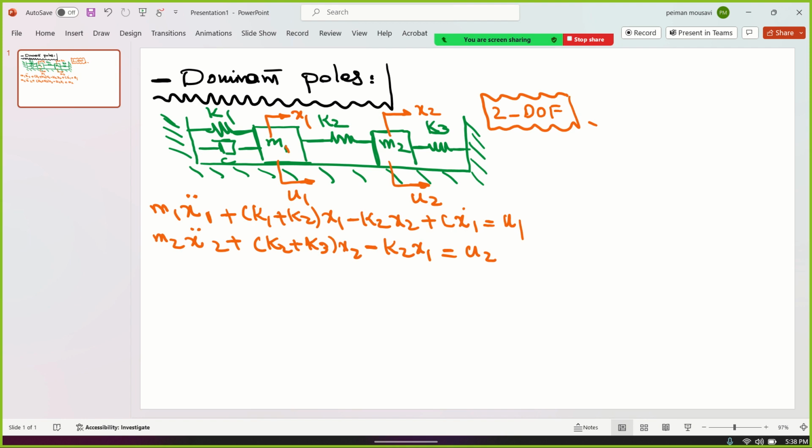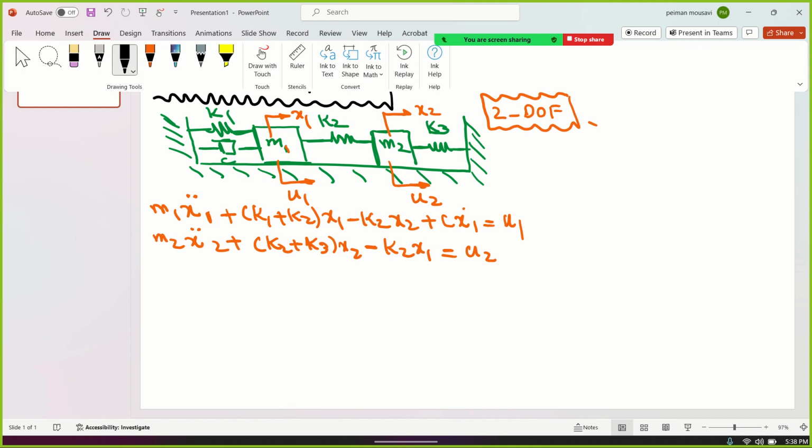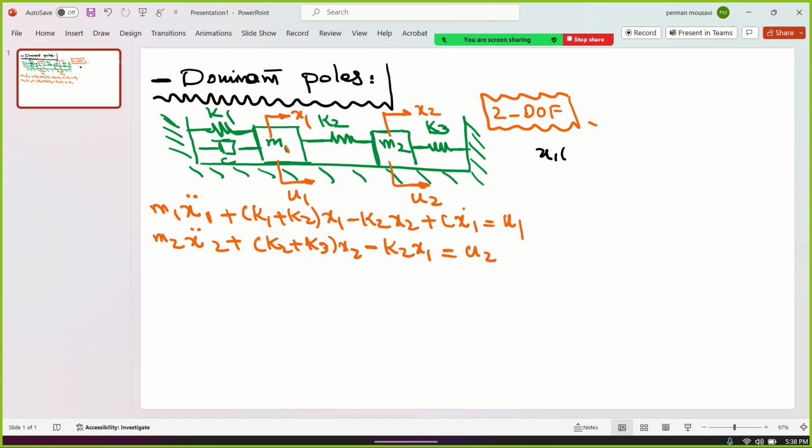That's right. And the assumption is that because we are going to frequency domain, obviously we have to have initial conditions. X1 at time 0 equals X2 at time 0, equals X dot 1 at time 0 equals X dot 2 at time 0. All of them are 0.